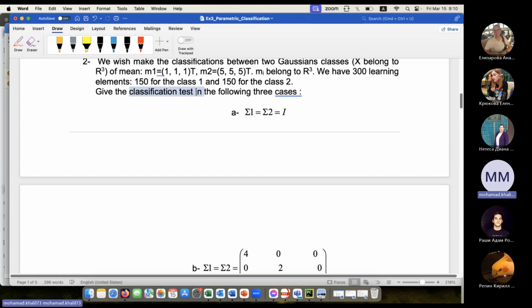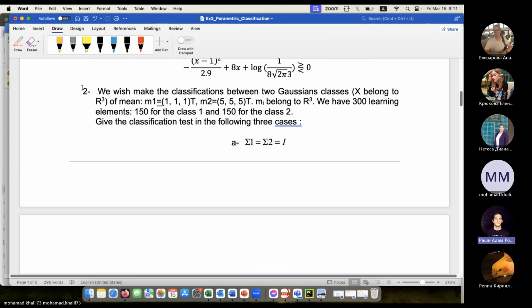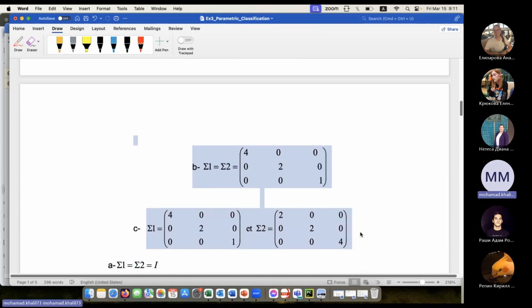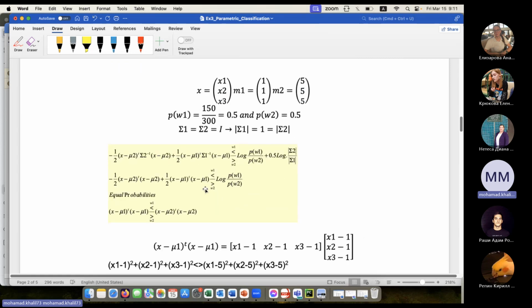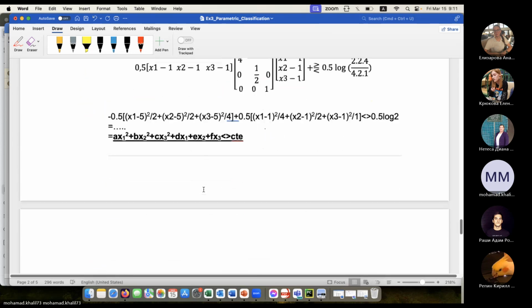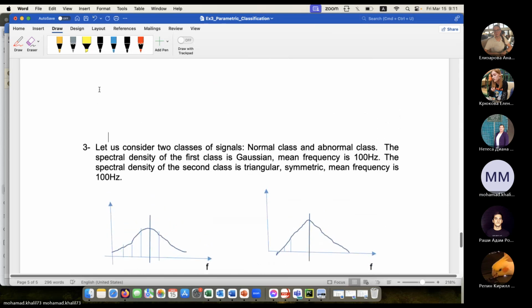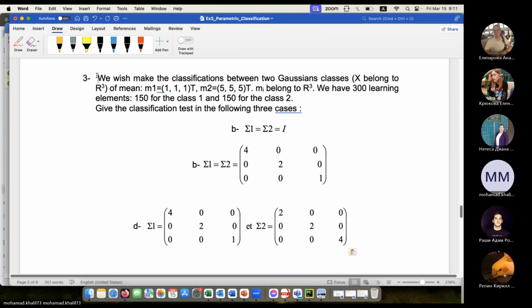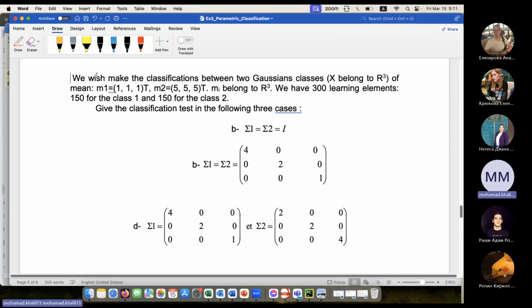Give the classification test means give me the interface. Exactly that. I want to copy it for homework. At the end of this exercise I will copy it and put it in the homework.